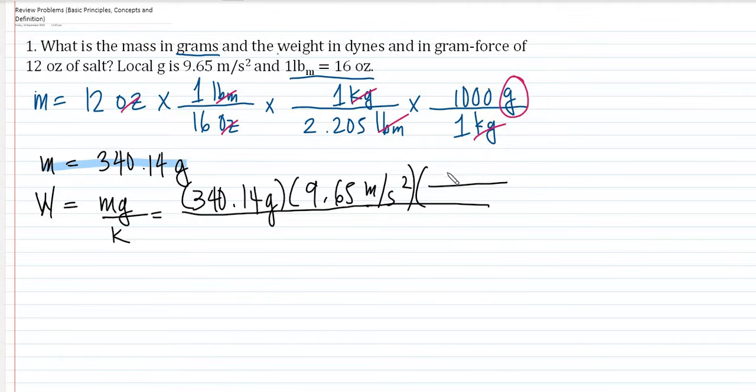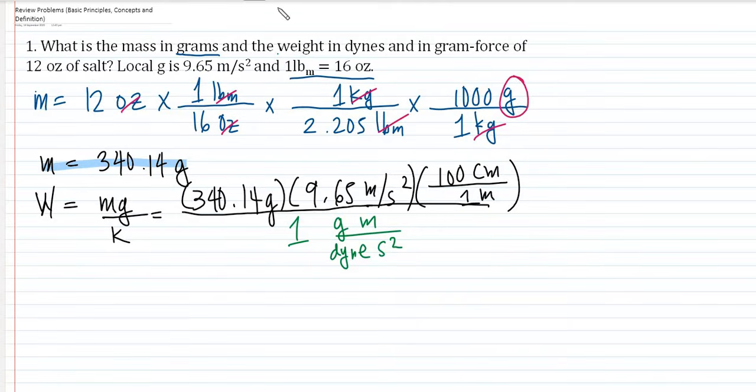So we will simply multiply 100 centimeters per 1 meter. And the k that we will use here, because this will be in grams per centimeter, is simply 1 gram meter over dynes second square.